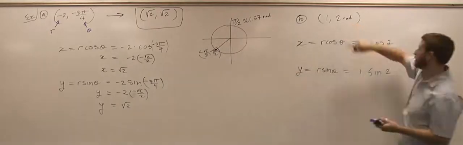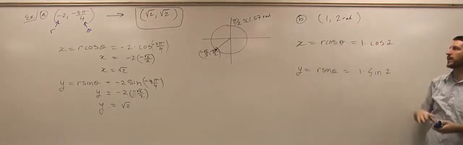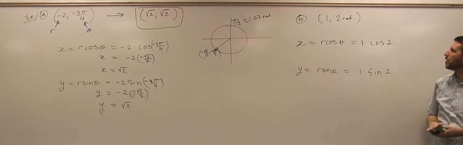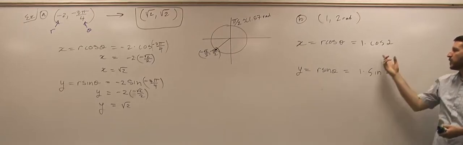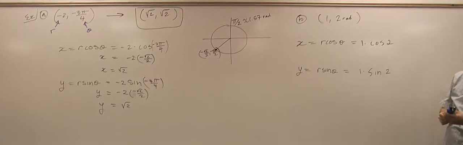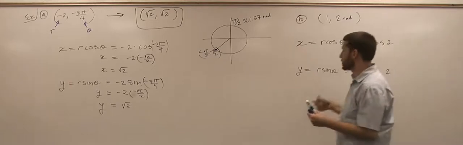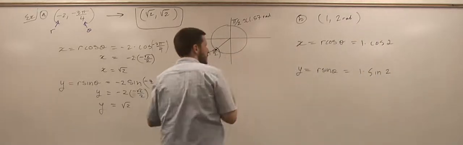So this is not 2 pi radians. So if you wanted to get an approximation, you'd have to plug this in your calculator. Someone want to get that for me?